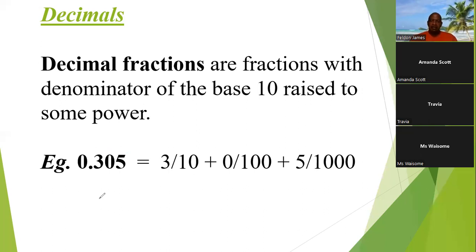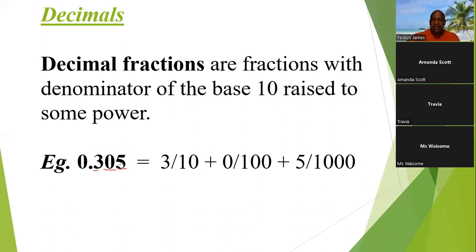How does this work? It works by looking at the first digit that comes after the point. It would be over 10, right? The second one would be over 100. And the third one would be over 1,000.